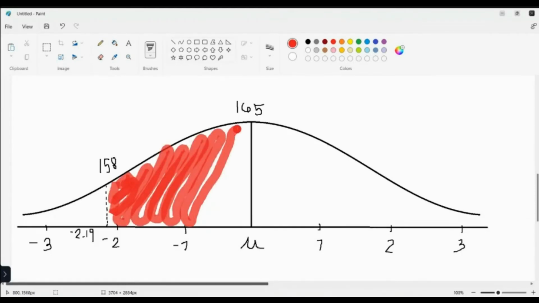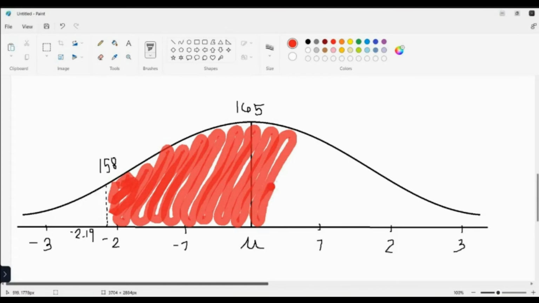You may use the same table for positive or negative since again, the left and the right side are symmetrical. Okay, so we may use the same table of area regardless of the sign ng z-score nyo.